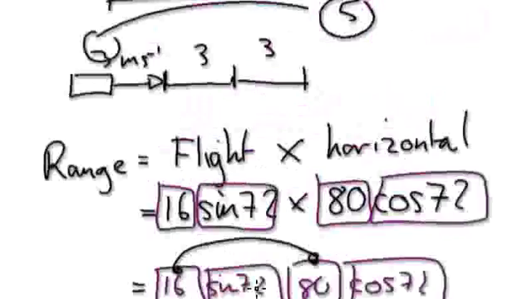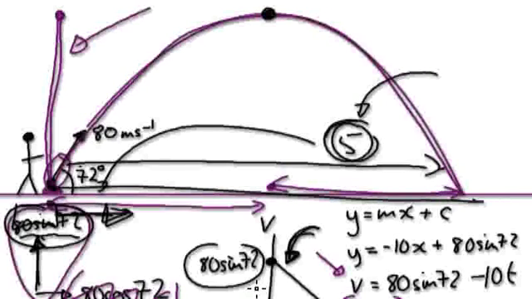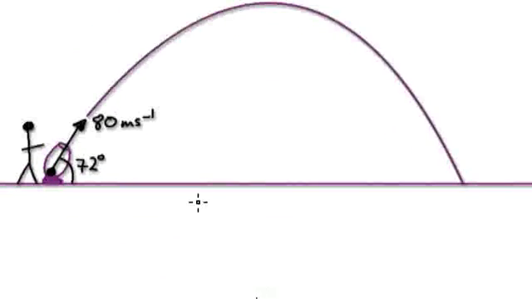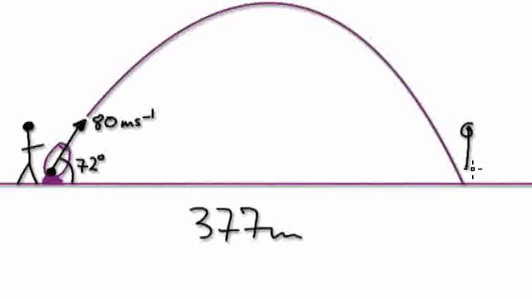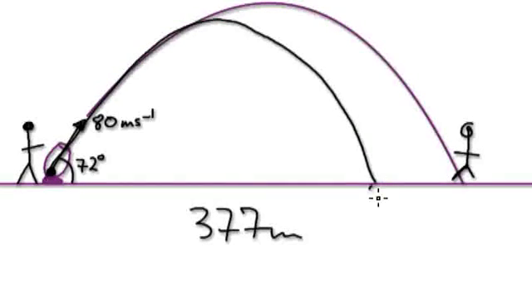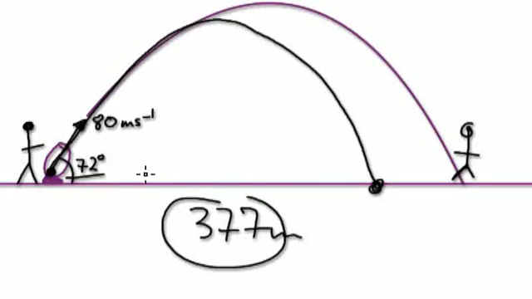So what that means is our range is 377 meters away. So what's happening is that if our enemy is 500 meters away, our cannonball really lands somewhere around here, just 377 meters away. So the answer is no. We didn't kill anyone. Okay.